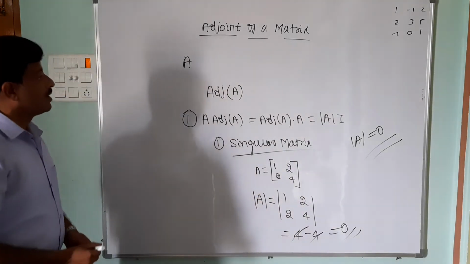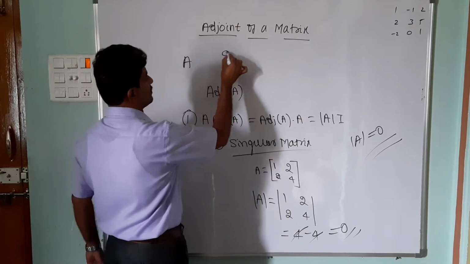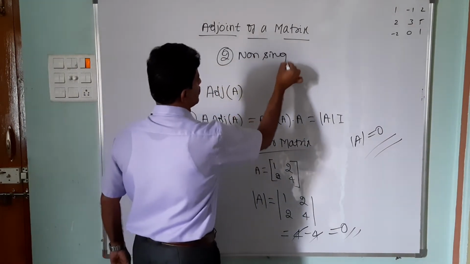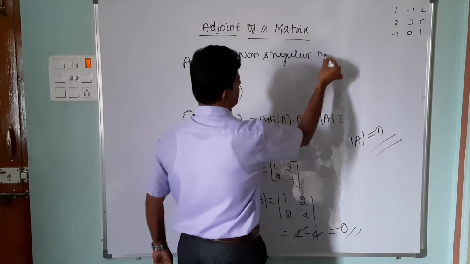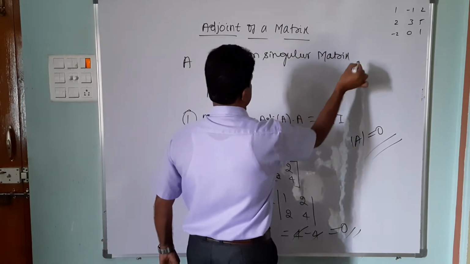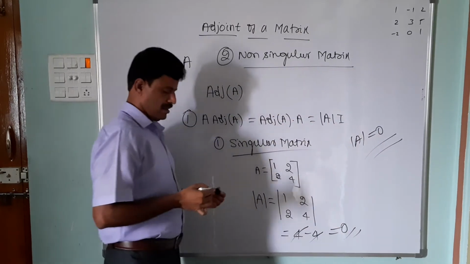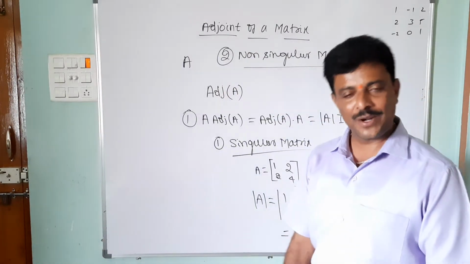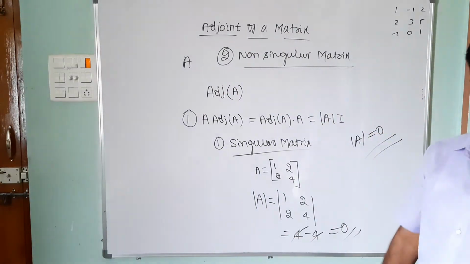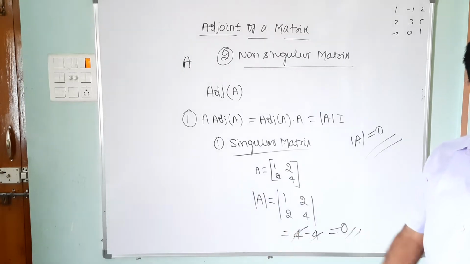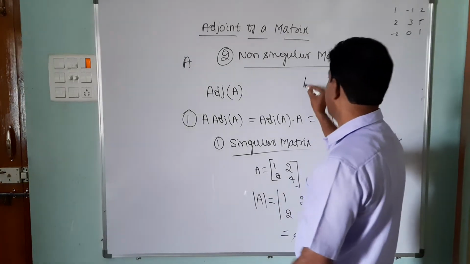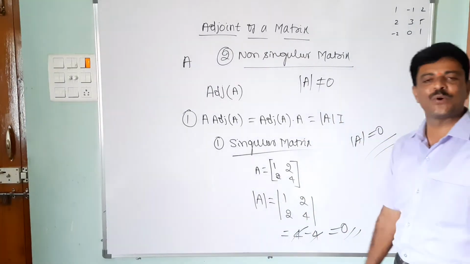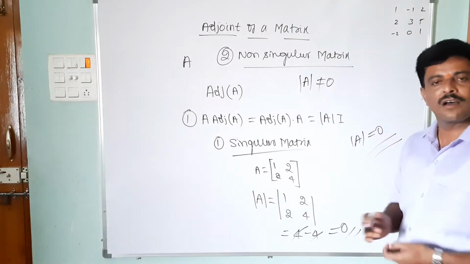Next, the second one, non-singular matrix. What is meant by non-singular? The opposite of singular is called a non-singular matrix. A very simple definition: let A be a square matrix, then if determinant of A is not equal to 0, it is called a non-singular matrix.